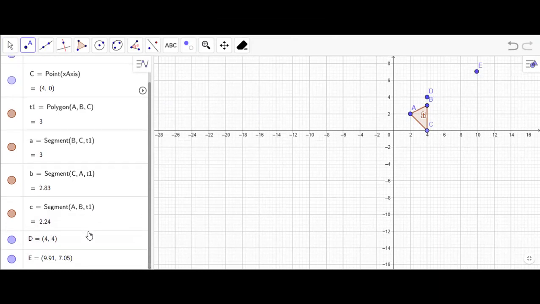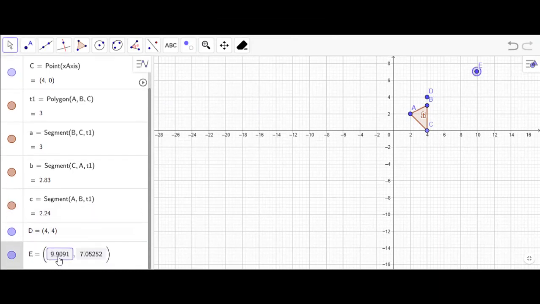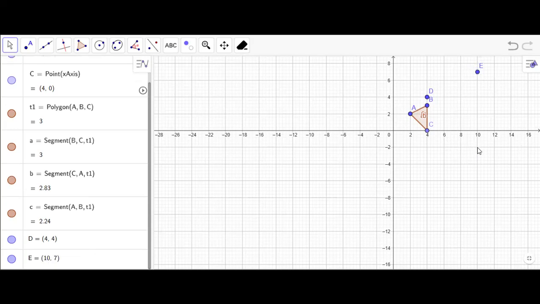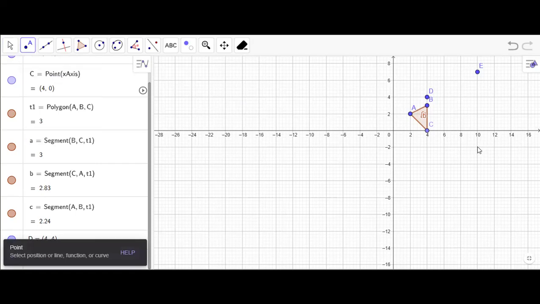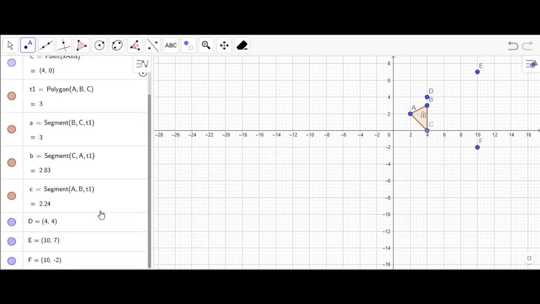So E is (10, 7), so I'll come here and change it because mine is not exact. So this is 10, and then this is 7. (10, 7), good. And then we have C prime, which is (10, -2). Let me put point (10, -2). Right, so (10, -2), that's okay.